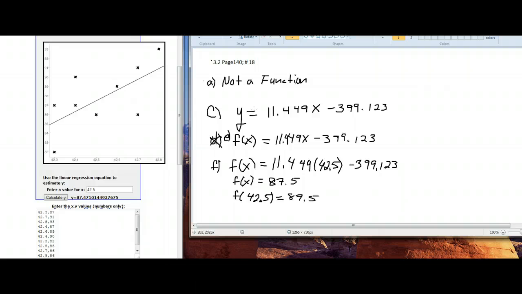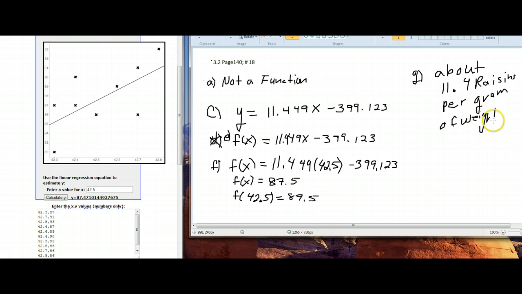That would be our interpretation. So if we were to round this last part, we could say about 11.4 raisins per gram of weight. And there we have it.